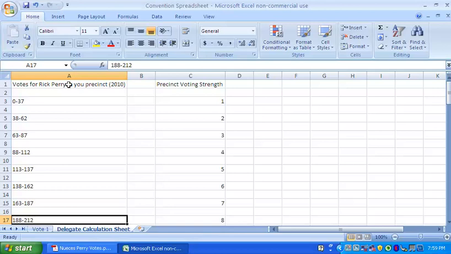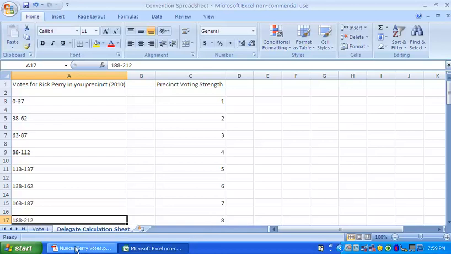Here you can see these are votes for Rick Perry in your precinct for the 2010 gubernatorial race. And Precinct 1 had 191 votes, which would give their precinct 8 votes total for each issue during their senatorial district convention.